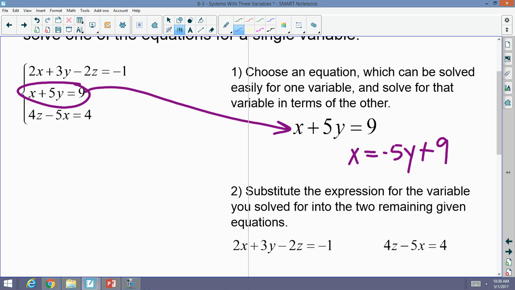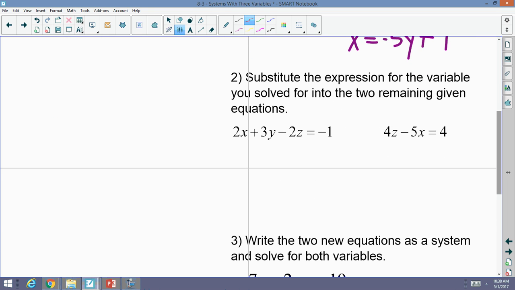Now I'm going to take the other equations. It's not always going to be the top or the bottom one, or the first and the second one. Sometimes it'll be the first, sometimes the second, sometimes the third that you can choose and substitute for. So for the remaining equations, go ahead and make a system out of that for a second.